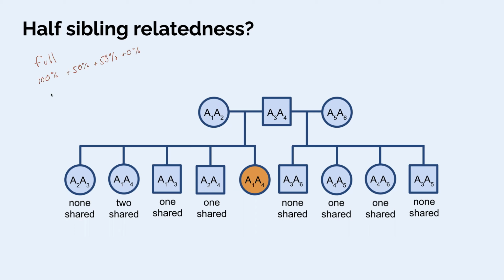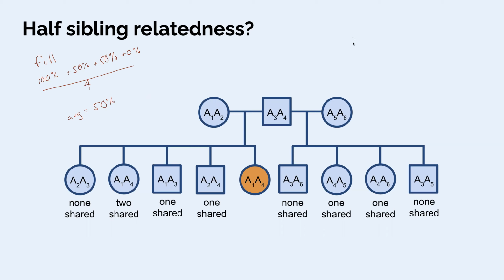That's what we did with the Punnett square before. Divide that by 4 to take an average. So the average is 50% related. If you added those up, you'd get 200% divided by 4 is 50%.